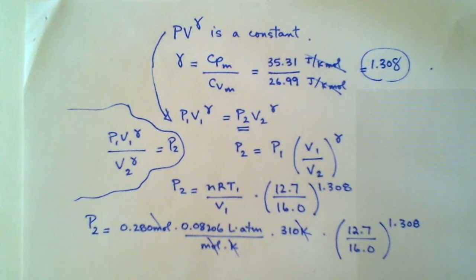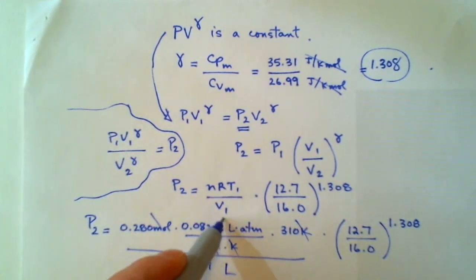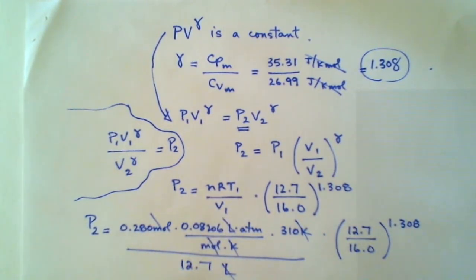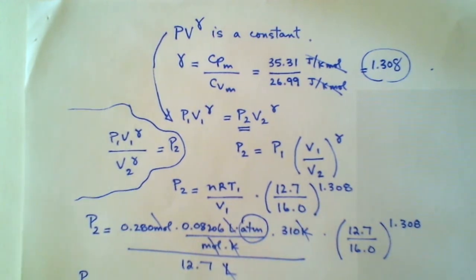What did we forget? What did I forget? V1. So V1 has to go under here. And RT all over V1, 12.7 liters. So now that goes up with that. Perfect. I'm left with atmosphere. P2 equals.